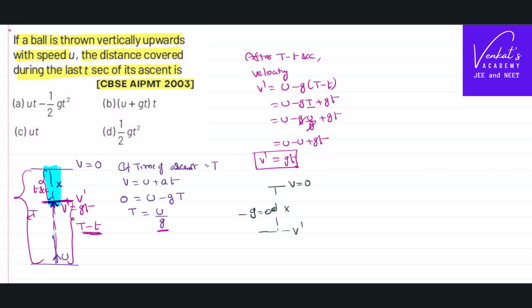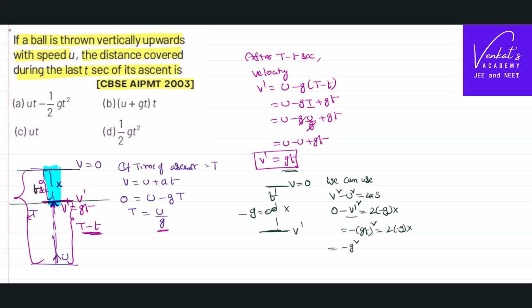Now, between these two points, we can use the equation v square minus u square equal to 2as. v square is 0, u square is v dash square, a is minus g, s is x. But we already found the value of v dash as gt.